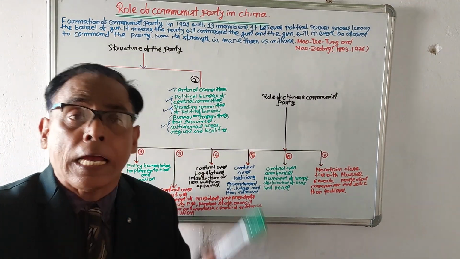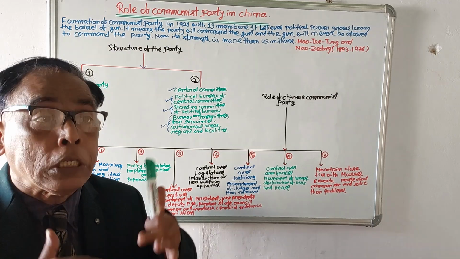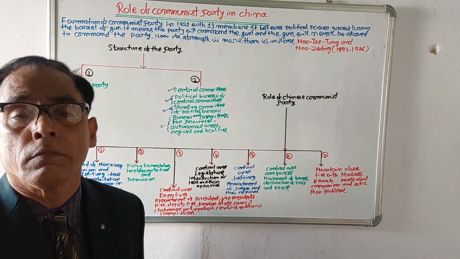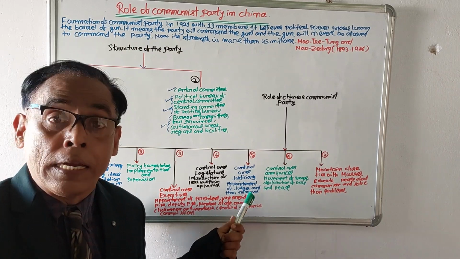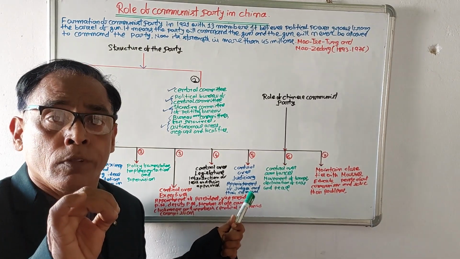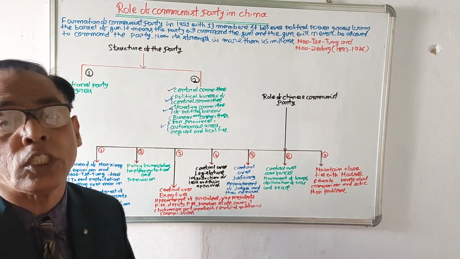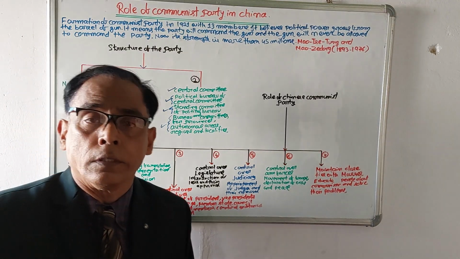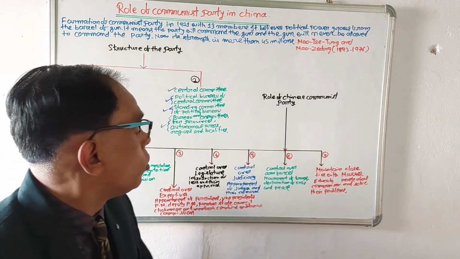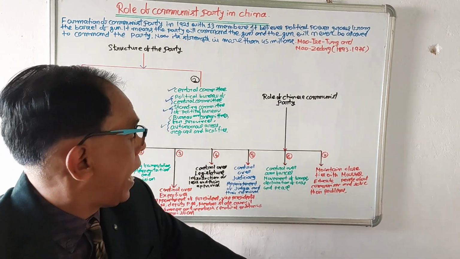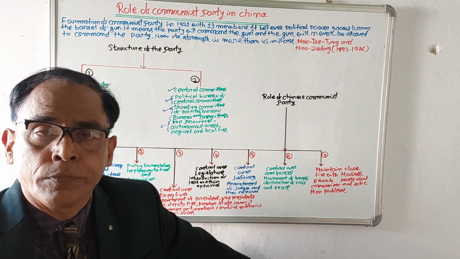The Chinese Communist Party decides which judges will be appointed for the topmost court of China. Again, it has a very important role in the removal of judges of the Chinese judiciary.